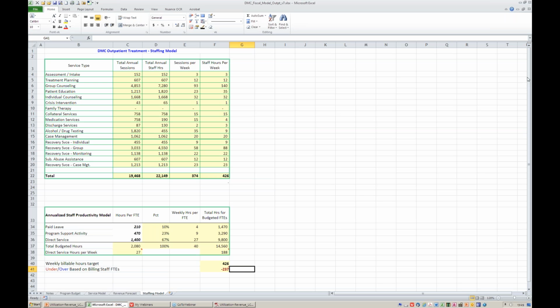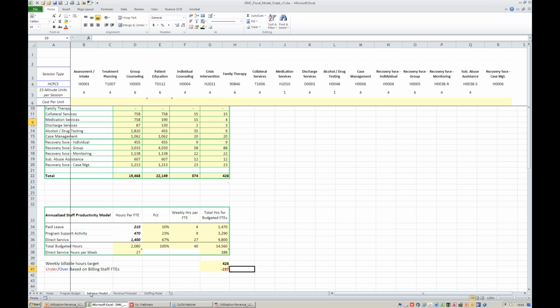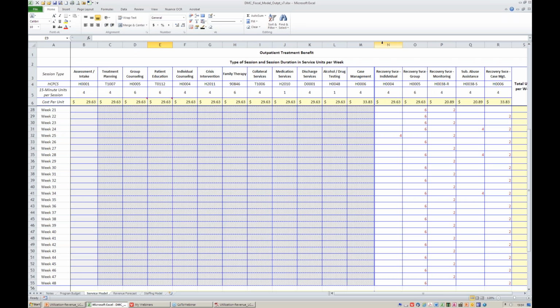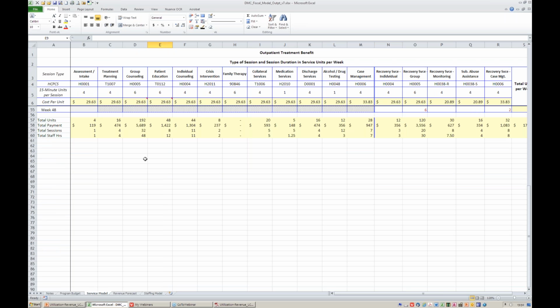I will send this out to everybody who's on the call, send out links to the CMS provider reimbursement manual, and make a few little changes like I talked about. Please let me know as you look at this if you want to separate out the recovery support from the outpatient services, like I did here, and display that on maybe a separate tab, just because they're 2 different services.